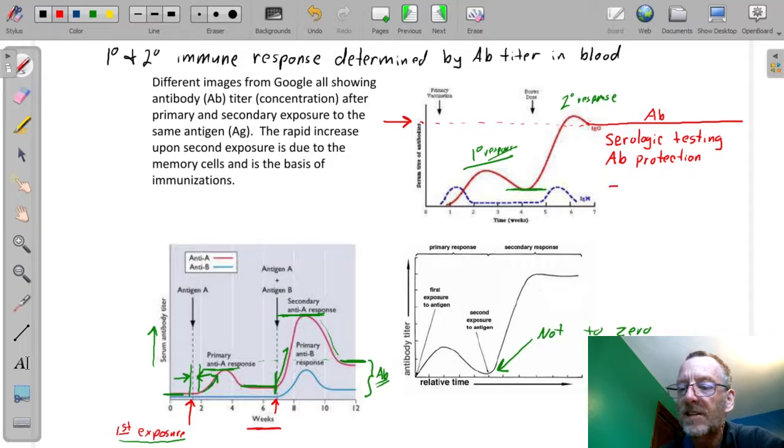There are some questions, though, that still have not been answered and need to be. One is, how high does this titer need to be? Don't know yet. And how long will it last?